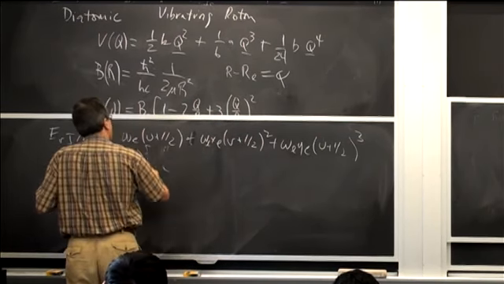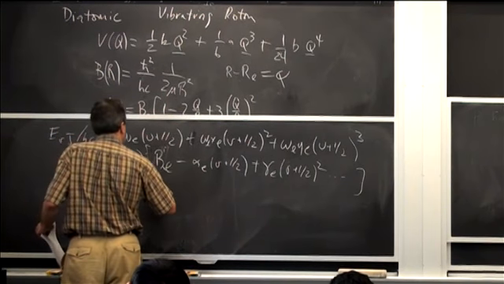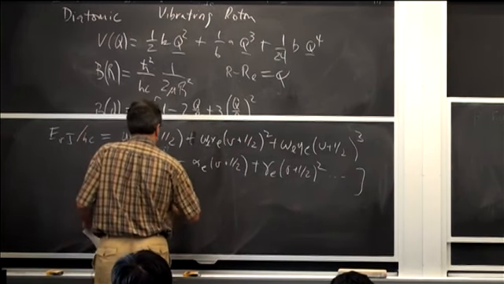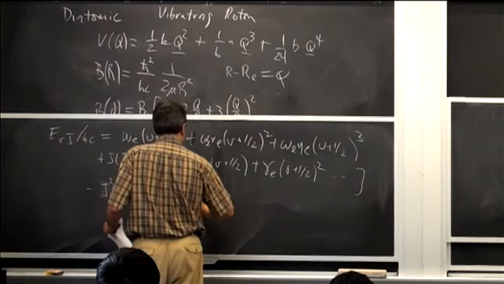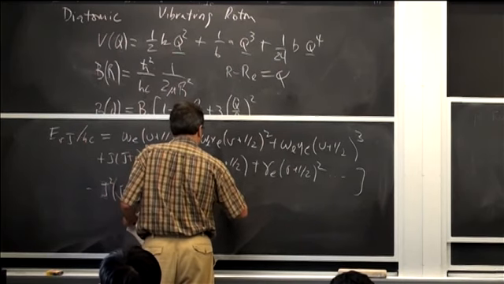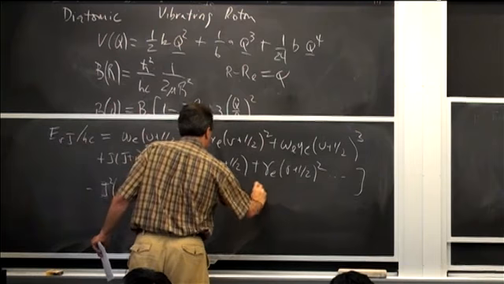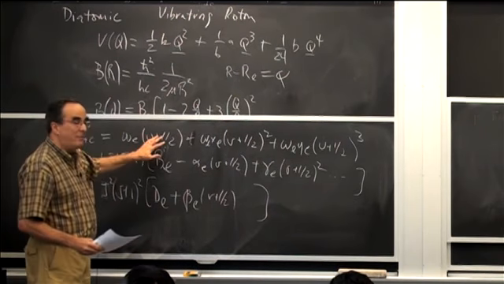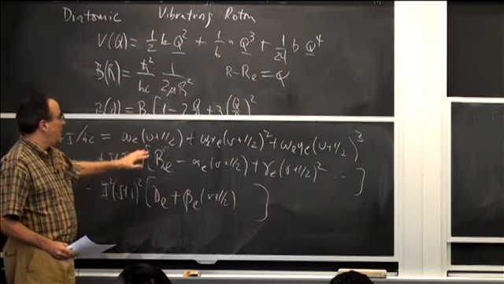And then we have minus J squared (J+1) squared times De plus beta e (v plus a half). So you see what we have is a bunch of expansions in powers of v plus a half and J(J+1).